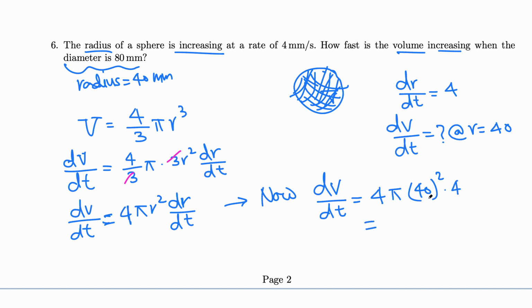Okay, this is now 1600 times 4, which is 6400 pi. Okay, I believe that's true, and pi. That many volume, and the unit is millimeters, so cubic millimeters per second. Okay, final.